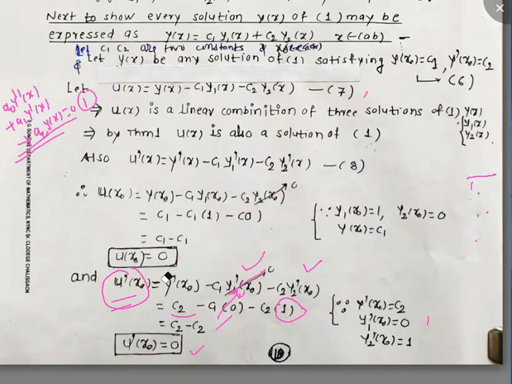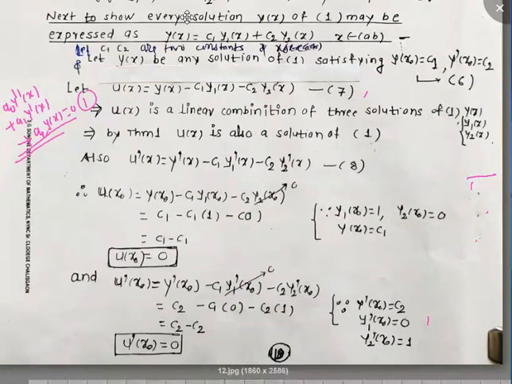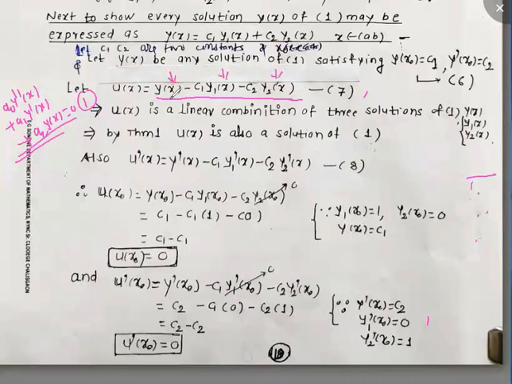So what we have done here, we have written one expression u(x), which is y(x) minus c1 y1(x) minus c2 y2(x). Because it is a linear combination of three solutions, y(x) is a solution of 1, y1(x) is a solution of 1, y2(x) is a solution of 1.